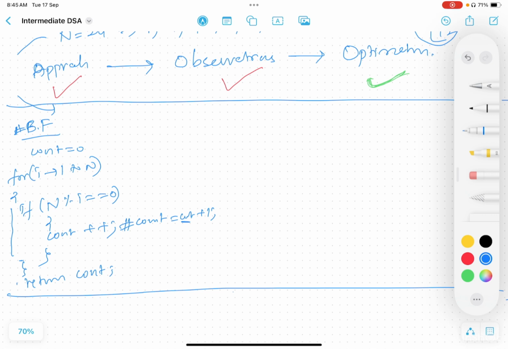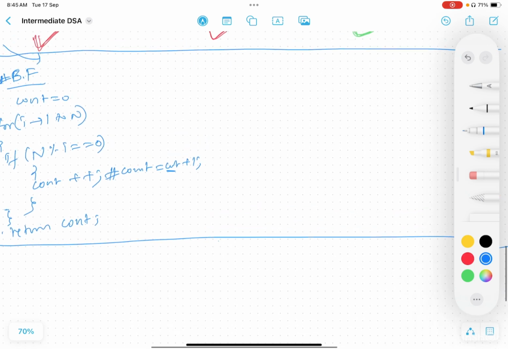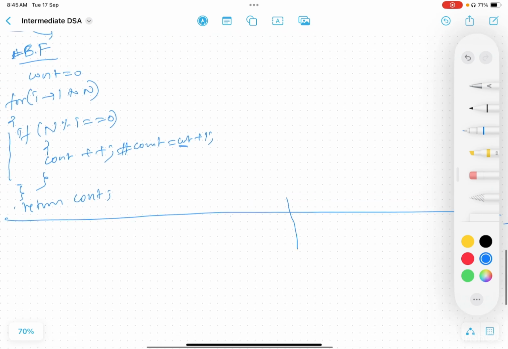Yeah, first approach is done, right? Very good. We did approaches. We'll see what observations we can draw. Before actually getting into observations, how do you judge any algorithm, or how do you say we can have some more optimized version of this? How do you say this is optimized or not?